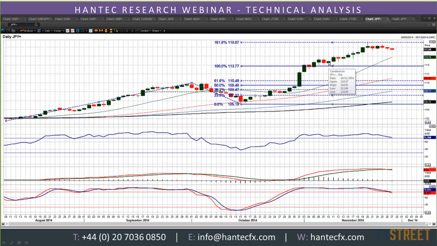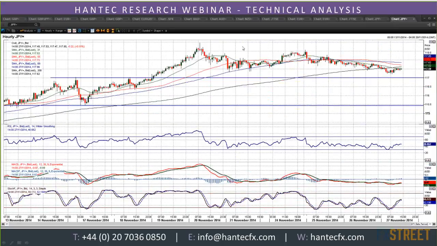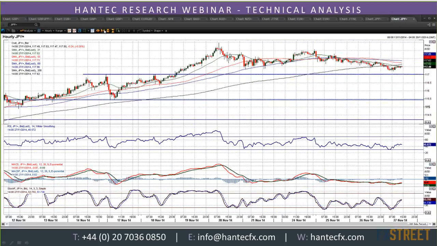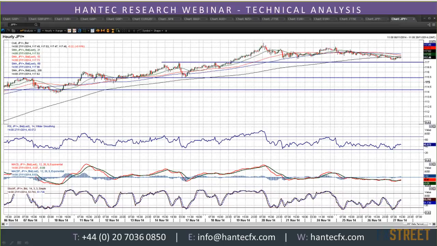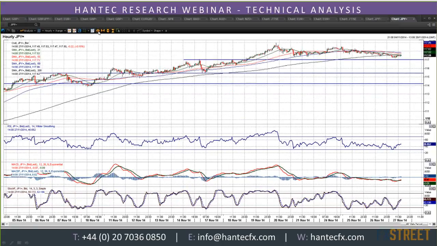It's still sort of looking at this consolidation. I'm a little bit concerned that we've just lost 117.33 today. That is a slight concern of mine. But I think unless you lost the support of 115.44, which is the latest key reaction low in effect, then you're not getting too upset.